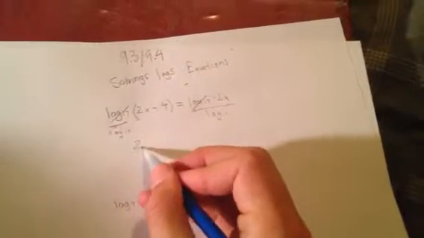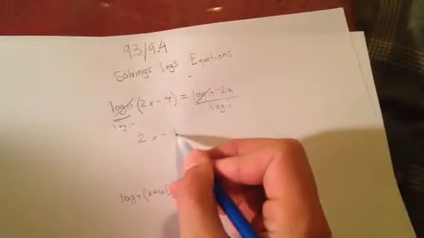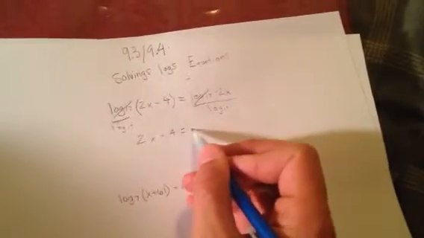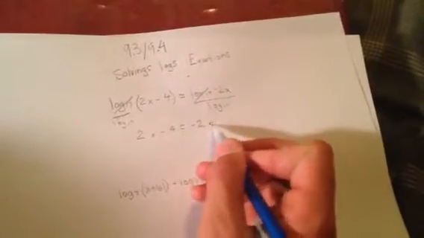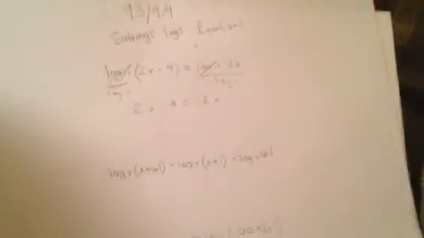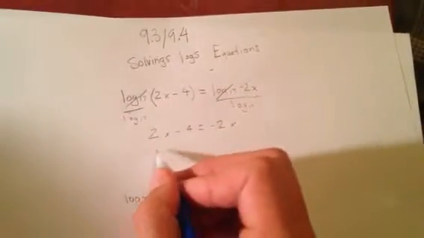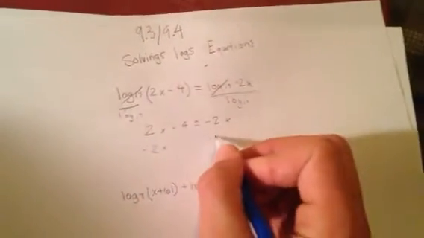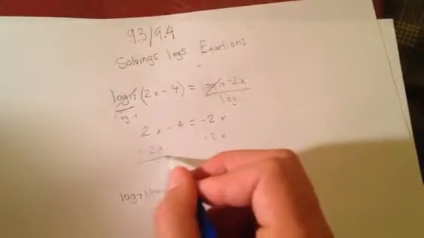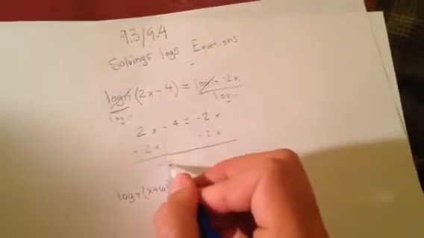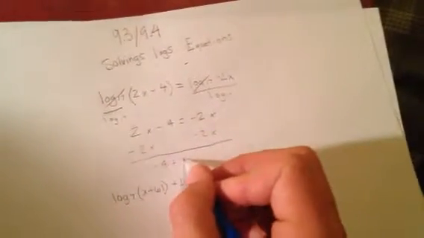So after that, it just becomes a simple algebraic equation. 2x minus 1 equals negative 2x. And we all know how to solve that. So what you're going to do is bring this to the other side. Negative 2x is going to equal negative 4 equals negative 4x.